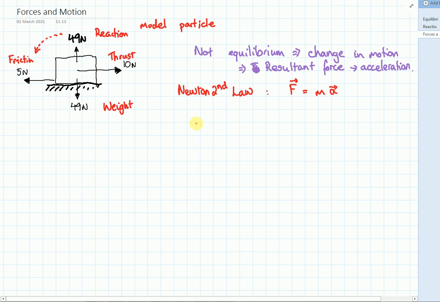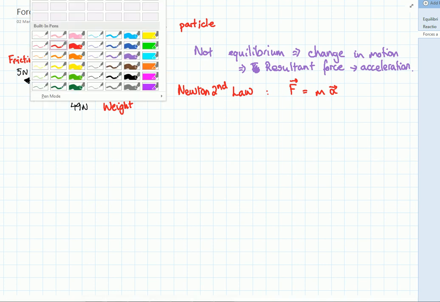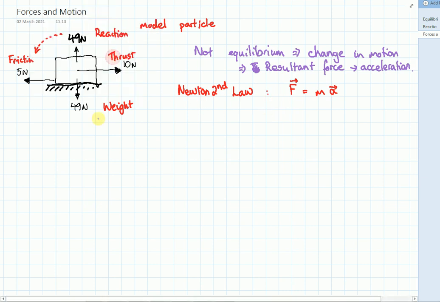Now, there is a second thing worth noting here, that the force due to weight, again, is a force. So the weight is a force from the mass times some acceleration, and the acceleration is gravity. If we were to not have a table here, it would accelerate as it's pulled by the Earth.